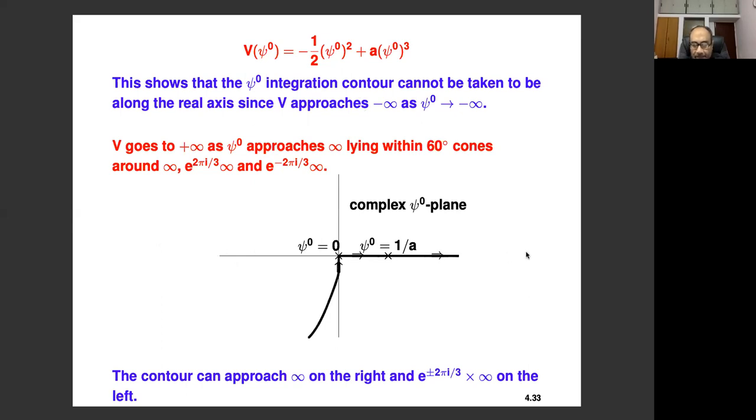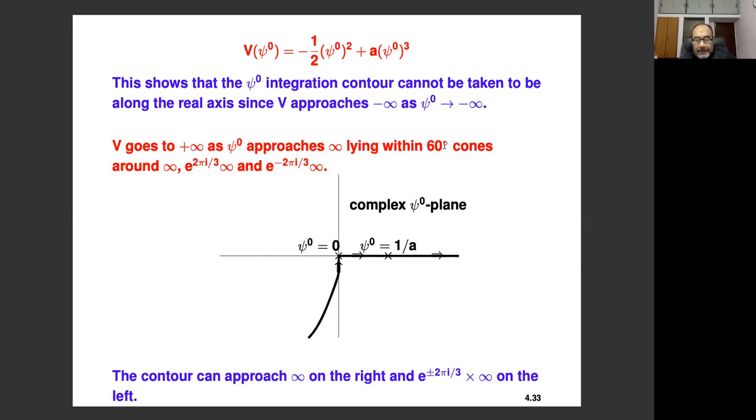Now on the positive side, there is no problem. We can take it to be plus infinity on this end. But to see where it goes on the left end, we have to see in which asymptotic region the potential goes to plus infinity, and not to minus infinity. And that's in fact these regions.